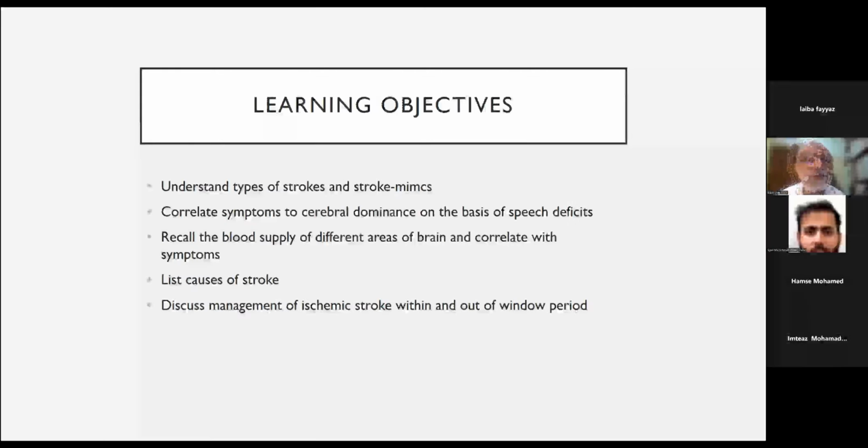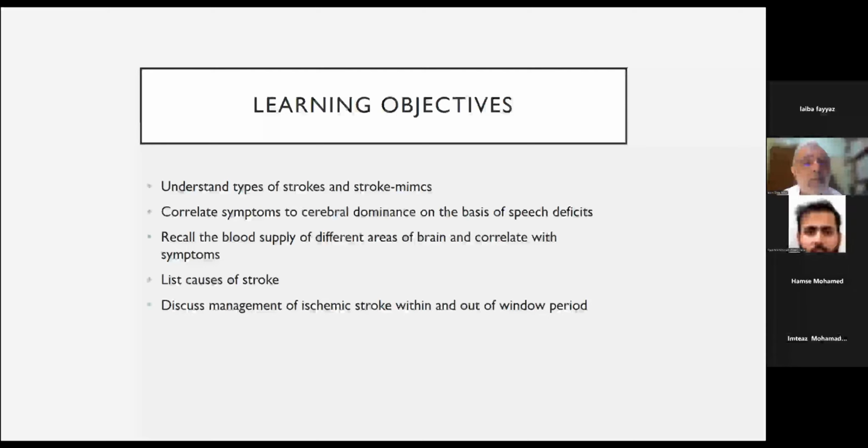The learning objectives for this presentation were to understand the types of strokes and conditions which mimic stroke, and correlate the symptoms to cerebral dominance on the basis of speech deficits, as we know that the dominant area has the speech area, and if there is a dominant area infarct, it is going to lead to slurred speech.